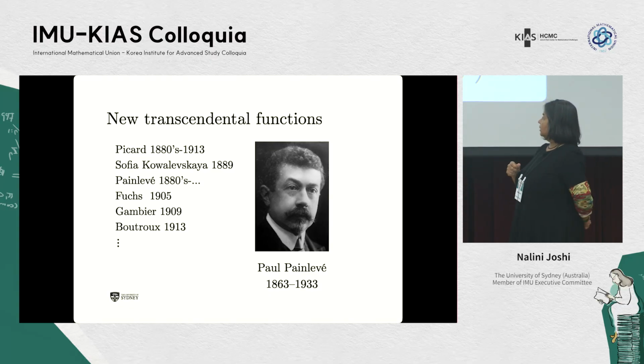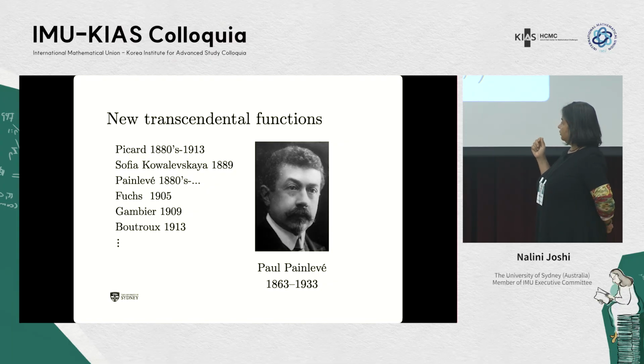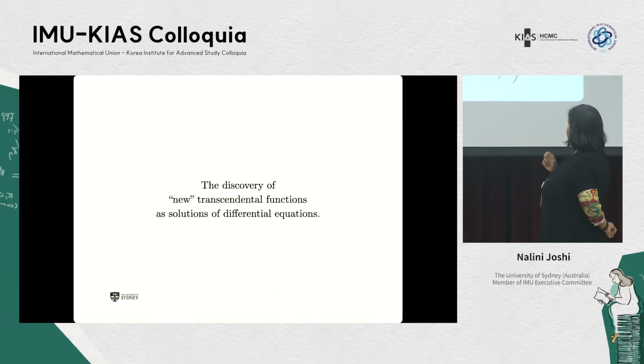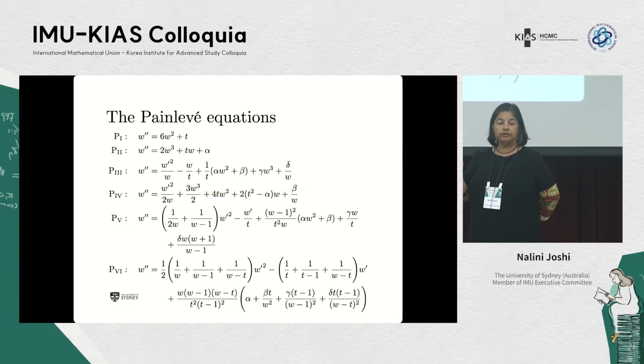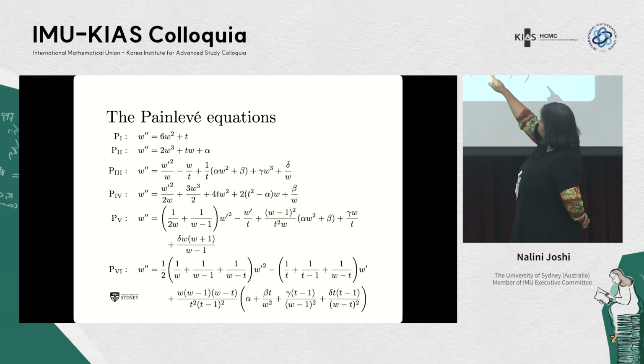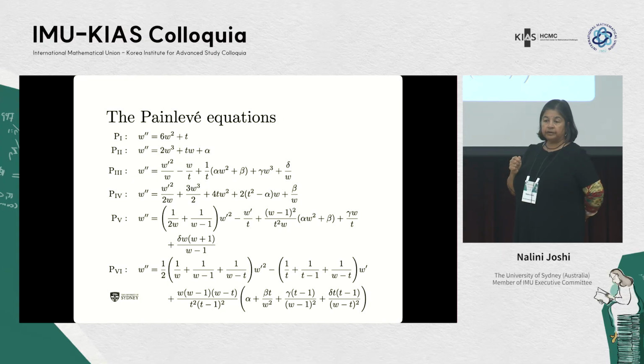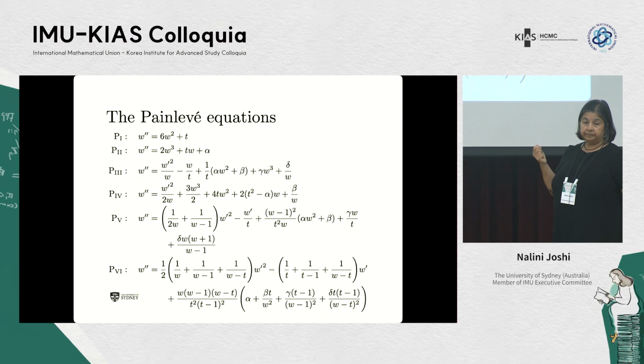And this discovery led to him and others around the time to 6 classes of nonlinear differential equations, which are now called the Painlevé equations. These are all second-order differential equations for w as a function of t. They have parameters in them denoted by the Greek letters. When the parameters take special values, they are known to have special solutions. So for example, in the second example, when alpha is 0, you can see that w being identically 0 is a solution.